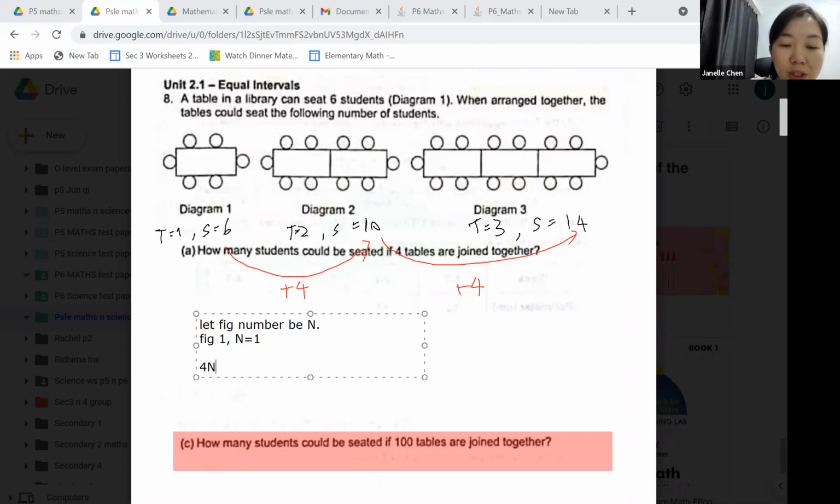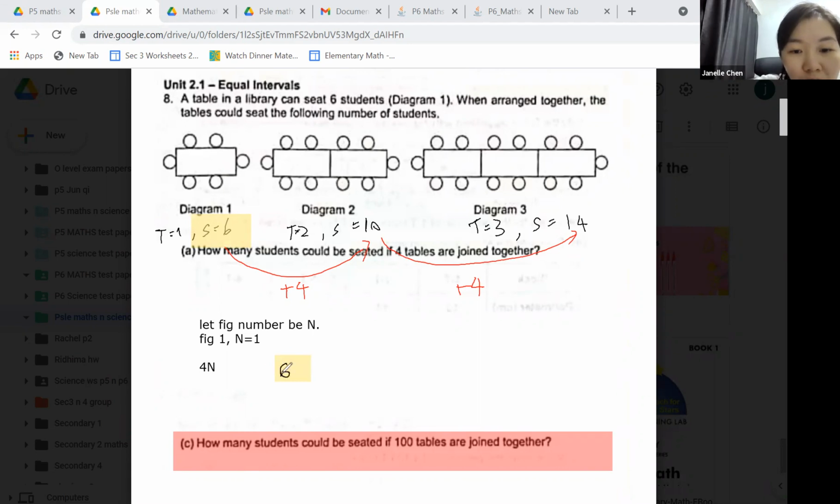Normally behind the 4n, we can take plus something or minus something, but how do we decide what it is supposed to be? We always look at the very first one. So the first one is the indicator. In this case, my first one, the indicator here tells me the students is equals to 6. So here, I will actually get 6.